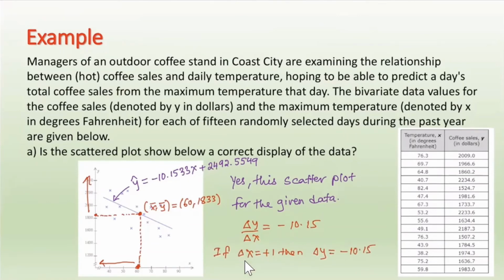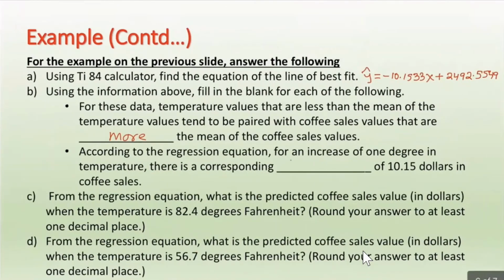So the meaning of that is, if the change in temperature, delta X, is plus 1, if the temperature increases by 1, then the coffee sales value will decrease, because if it is warm, people drink less coffee. So if the temperature increases by 1, the sales value decreases by $10.15.